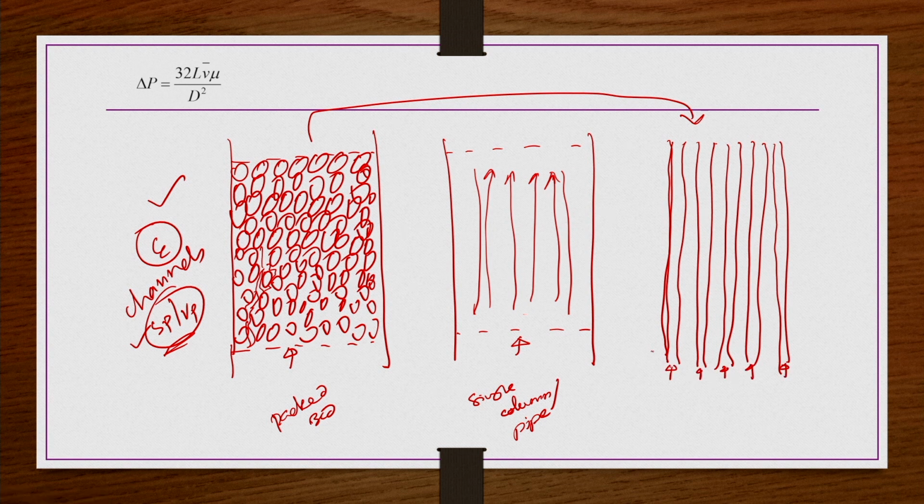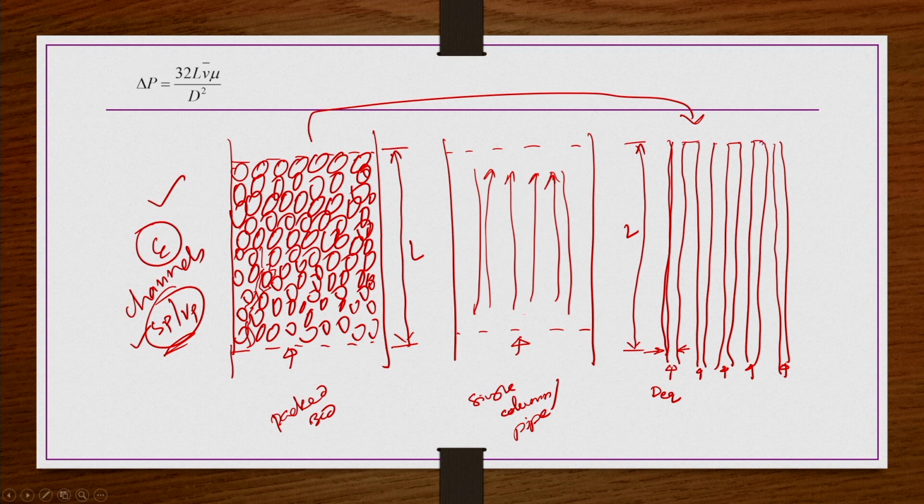The diameter of these capillaries we take, let us say, d capillary. The height of the capillaries is the same as the height of the packing here. Okay. So now, we have n number of capillaries.